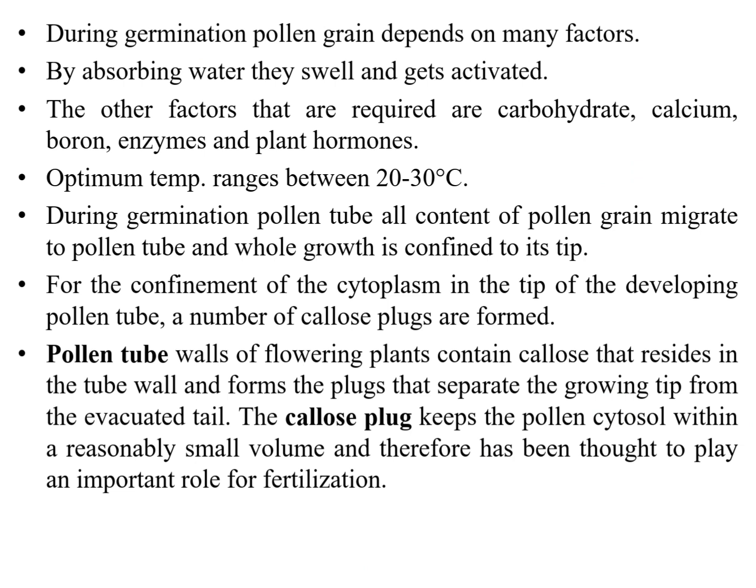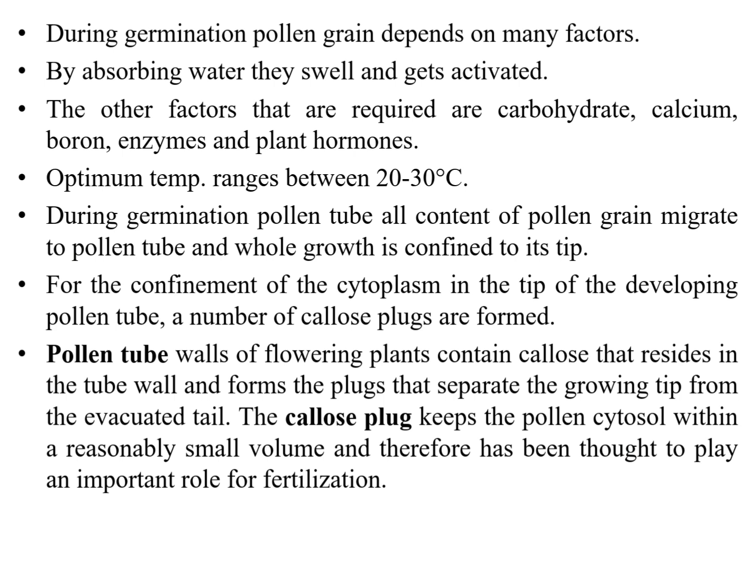The other factors required are carbohydrate, calcium and boron. Apart from calcium, boron plays a major role during pollen germination. Some enzymes and some hormones also play important roles. The optimum temperature ranges between 20 to 30 degrees Celsius for pollen germination.